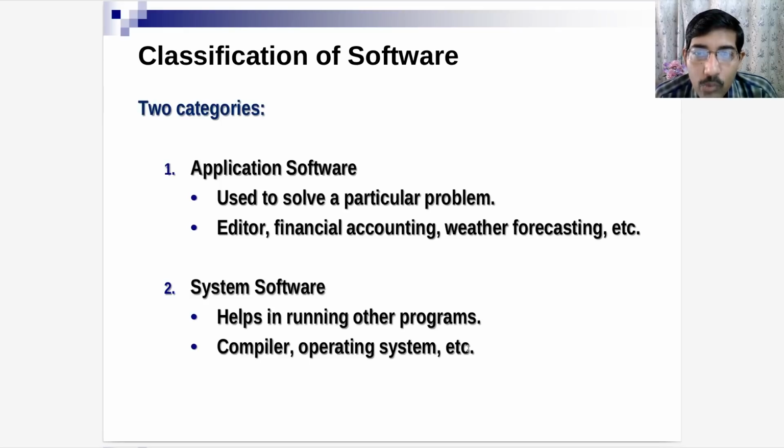The only thing is that you are performing a particular task, but to talk with the computer there are many steps, all part of system software. The operating system is one of the things that you all know. Maybe you are using Windows, or some of you may be using Linux. It's a system software which helps you run everything in your computer.